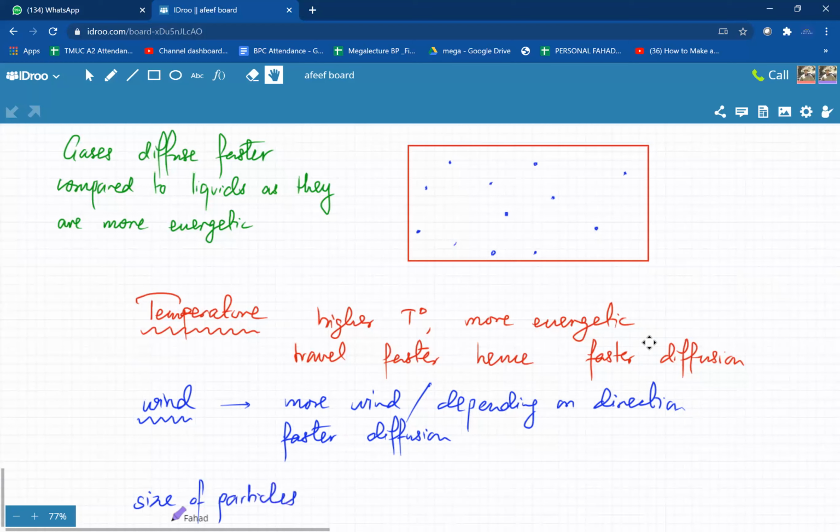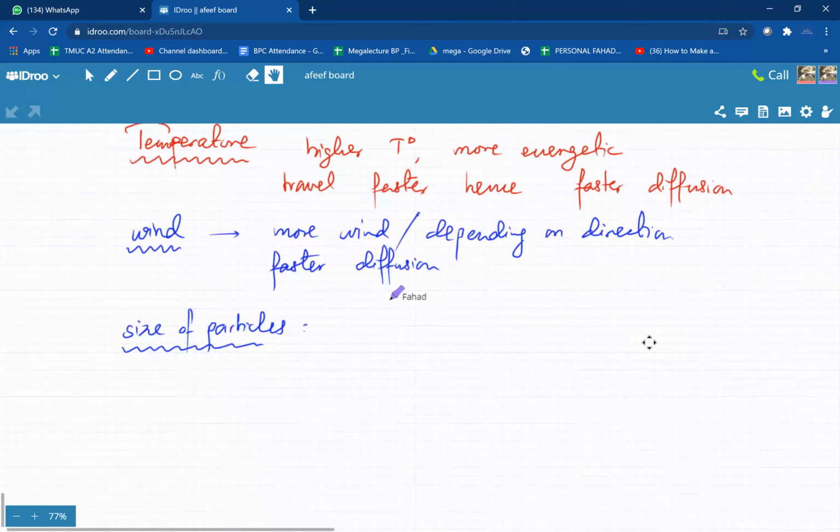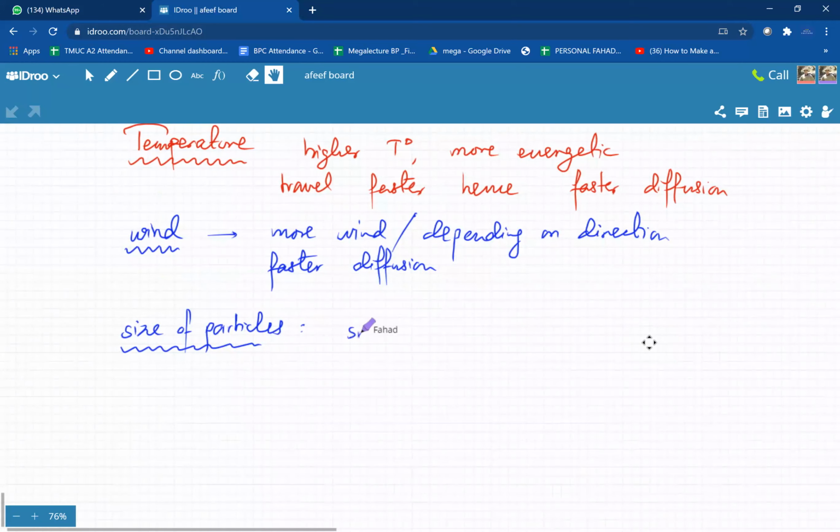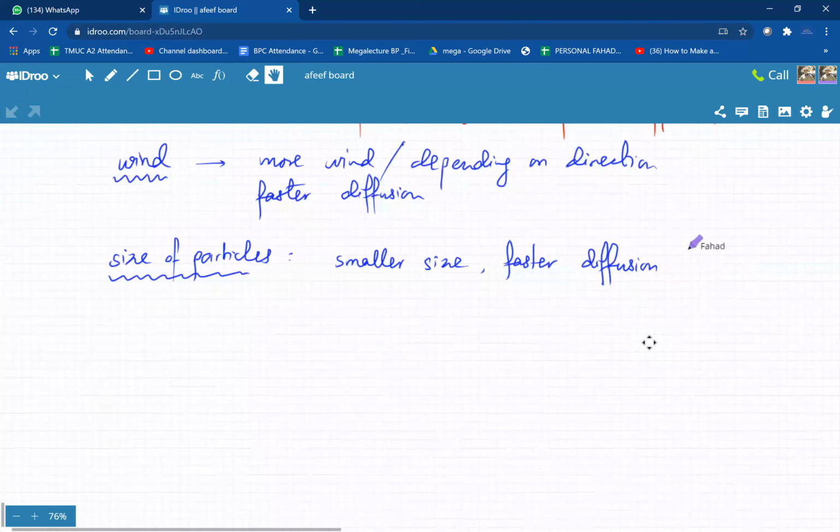That's an important point: smaller size means faster diffusion, because if an air molecule collides with them, they're going to travel faster.